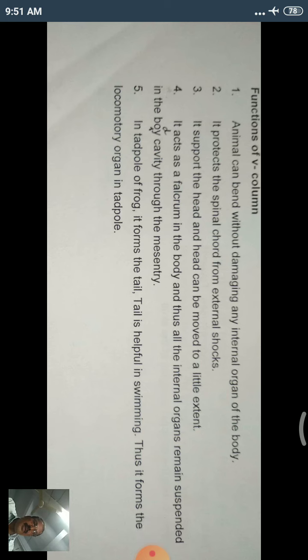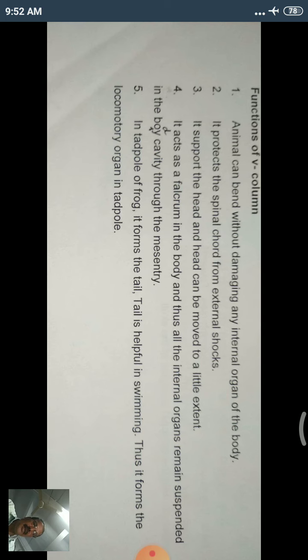Next one now, functions of the vertebral column. The vertebral column performs certain functions as follows. The animal can bend without damaging any internal organ of the body. It protects the spinal cord from external shocks. It supports the head and the head can be moved to a little extent.